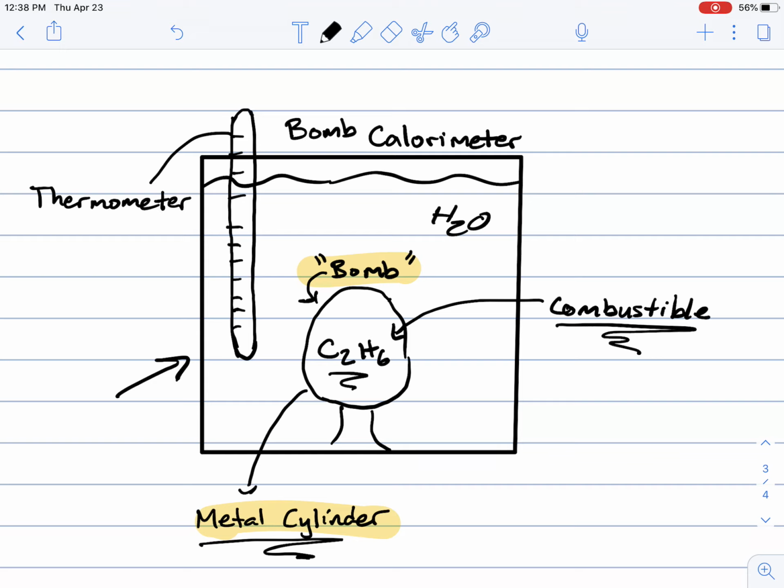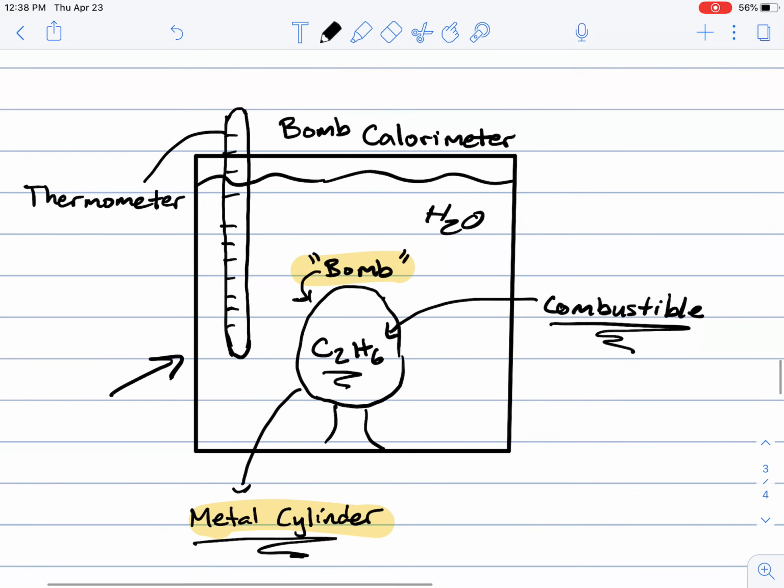And so the idea is that you have this combustible substance inside this metal cylinder, and it's submerged in water. Once the fuse is lit, so to speak, a combustion reaction will occur inside the bomb. And because this bomb is a metallic cylinder, there is really no change in volume, right?